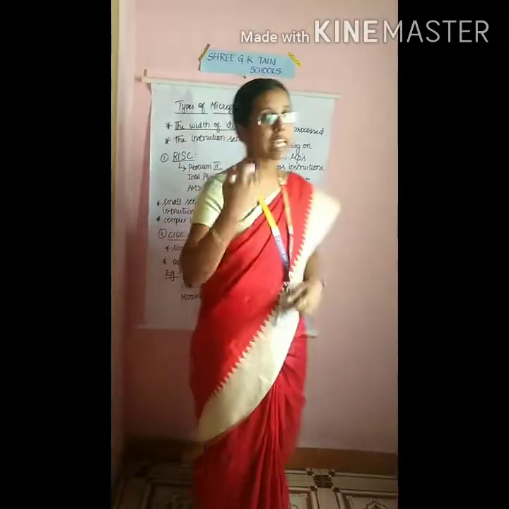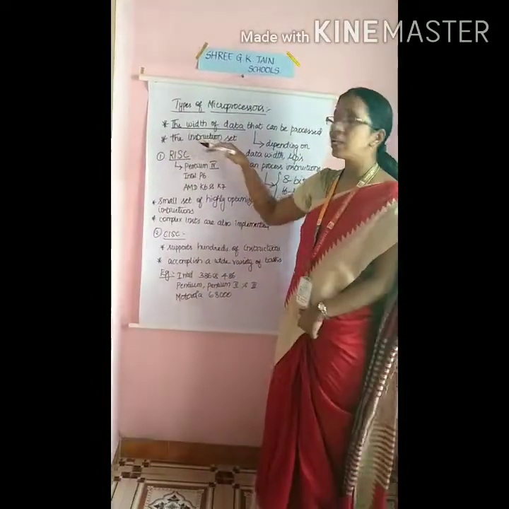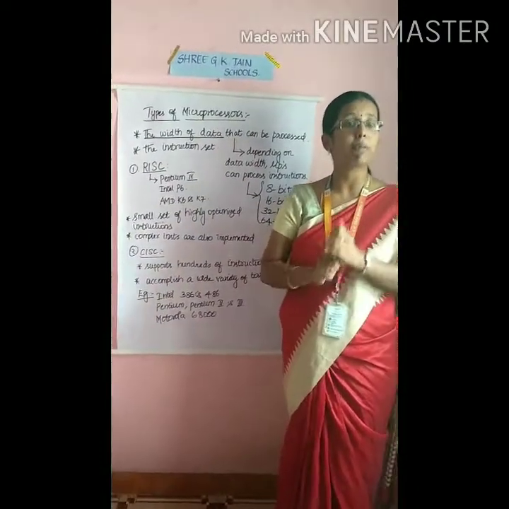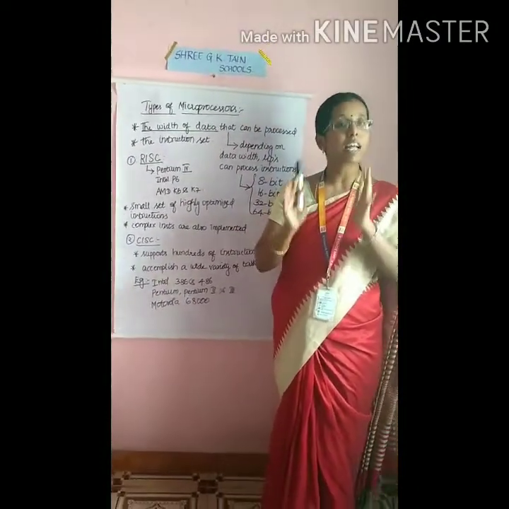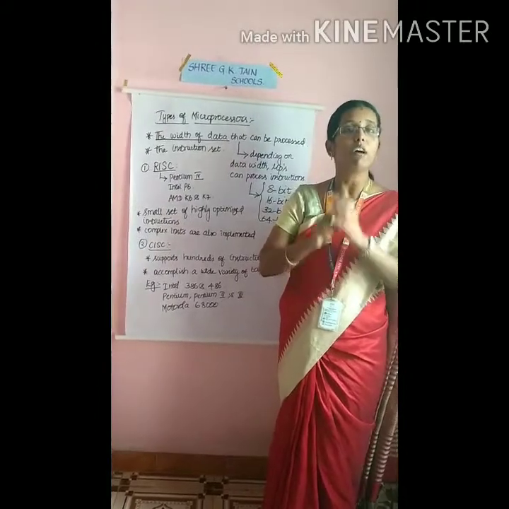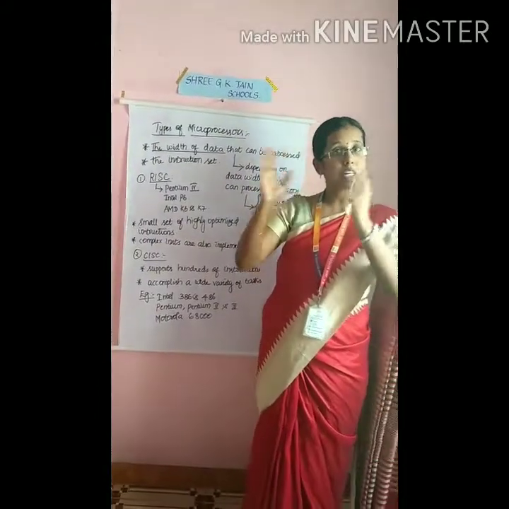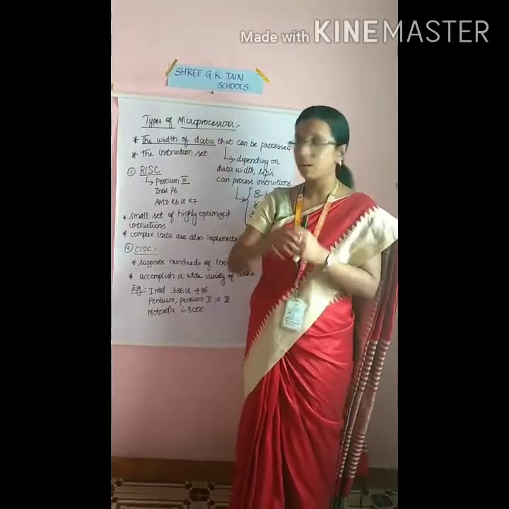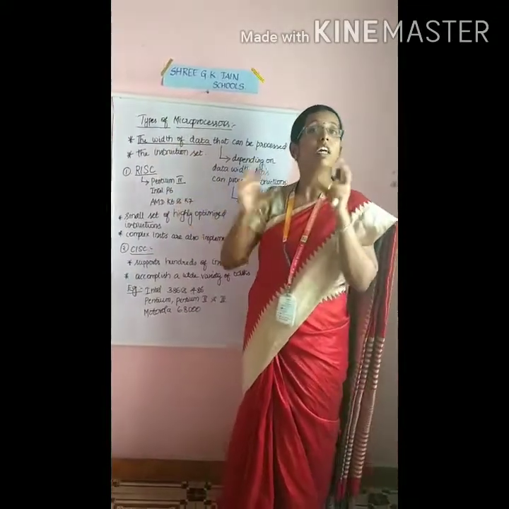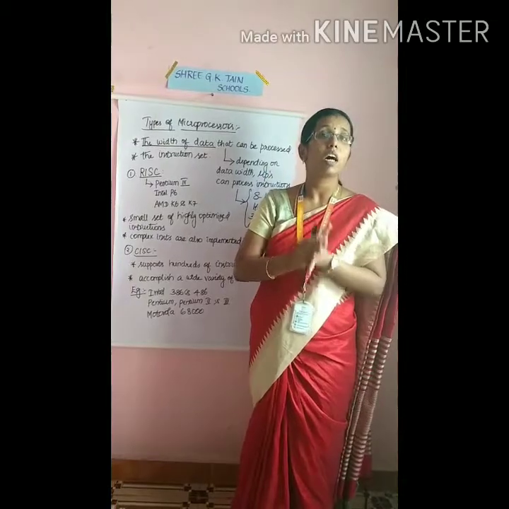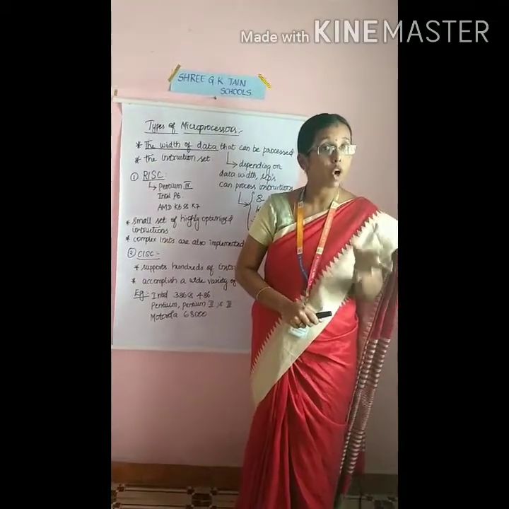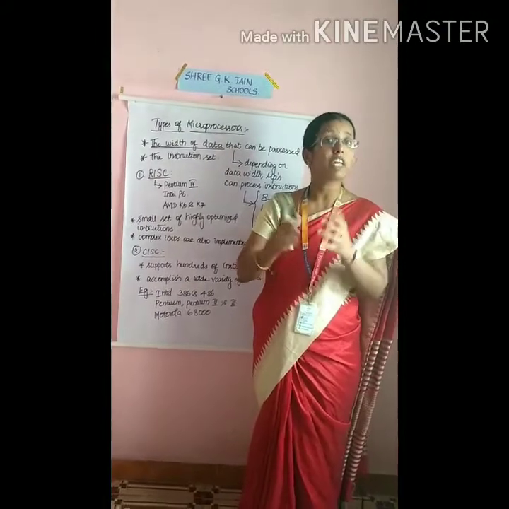Now coming to your second category, based on the instruction set. Instruction set is also another important criteria in the classification of microprocessors. Why? Because in the development stage, you had only a small set of instructions, because complex hardware is very costly and very difficult to build.